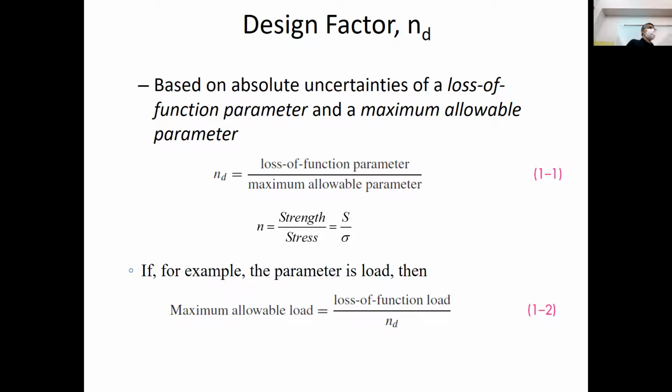Greater than 1. Because the reason we have these design factors, we want to account for uncertainties. So I want to make sure that when I tell my client, you're allowed to go that much, I'm not going to lose function, even though there are uncertainties.